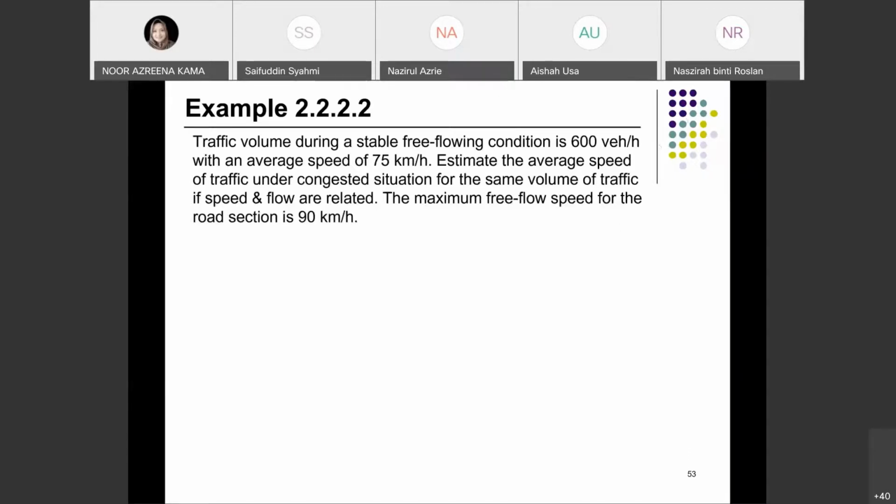Okay, Saifuddin tolong share awak punya calculation dalam WhatsApp group boleh? Supaya kawan-kawan boleh tengok. Ada yang dapat jawapan lain daripada 15 km per hour tak? Sama, okay. Saifuddin tunjuk cara awak kira sebab ada dua method nak kira.